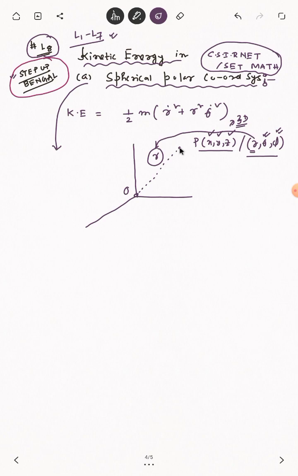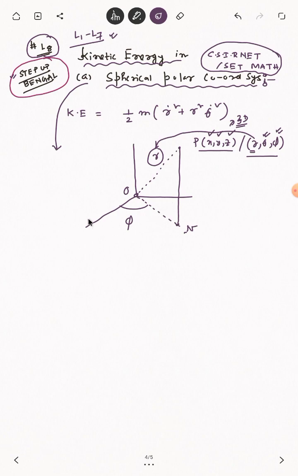Next we drop a perpendicular here. This is N, the base of the perpendicular. Just take a look at this angle, which will be denoted by phi. So this phi is defined.